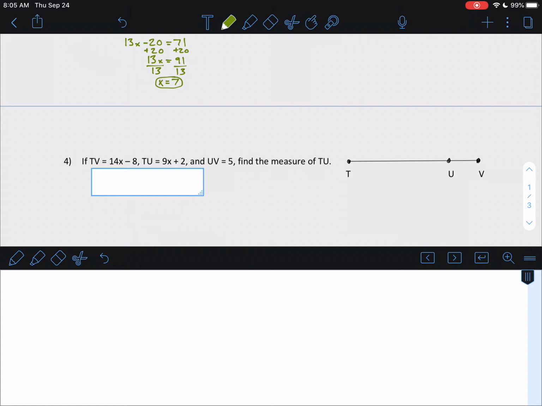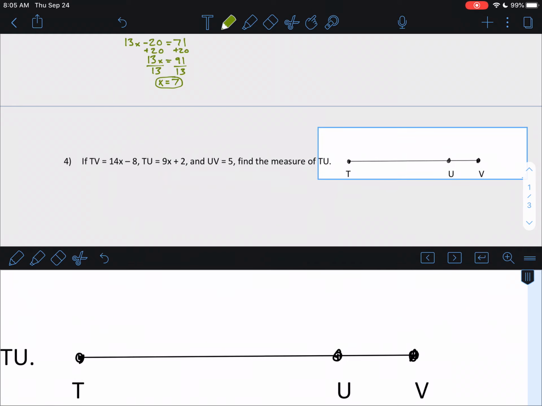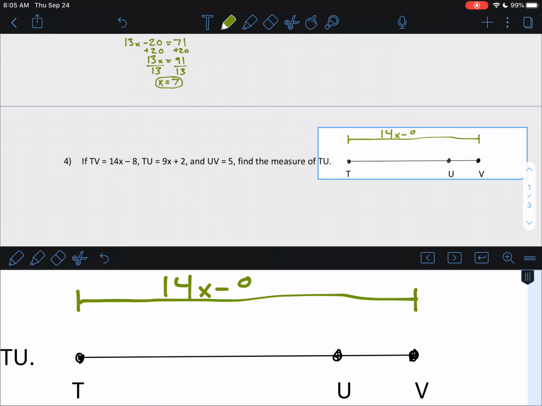Okay. And this next question is our final question for today's notes. So it says TV is 14x minus 8. Okay, so TV is 14x minus 8. This whole distance here is 14x minus 8.